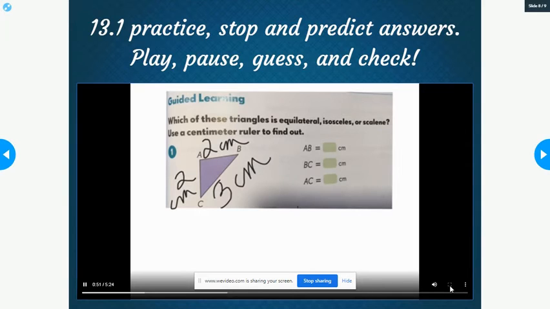So if AB is 2 and BC is 3 and AC is 2, then this one fits the definition for an isosceles triangle.